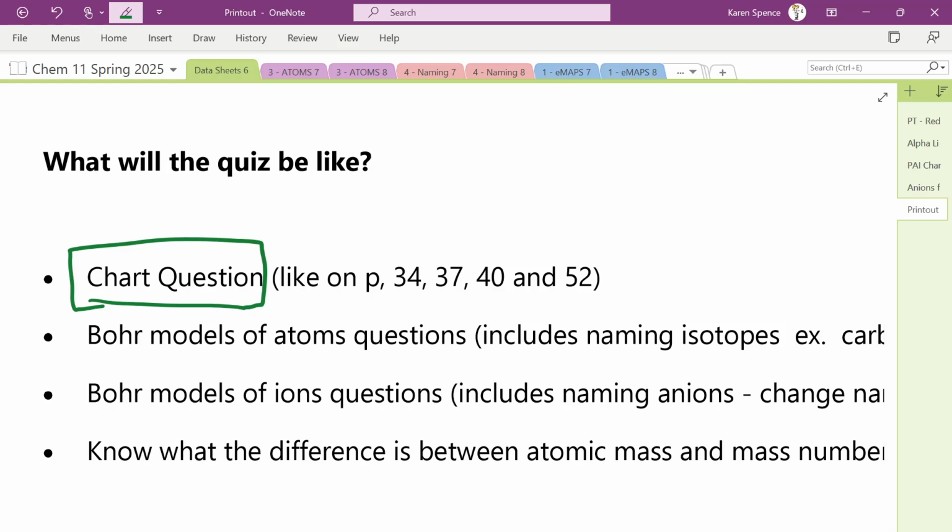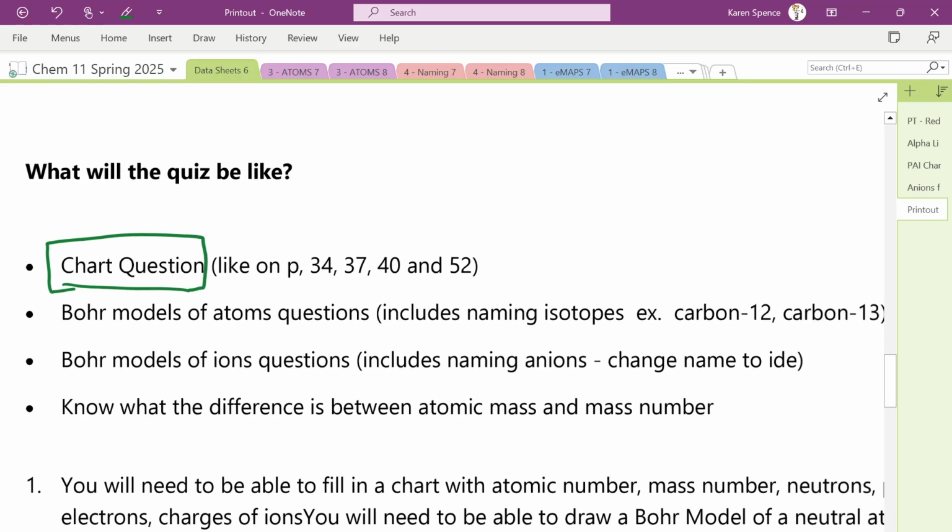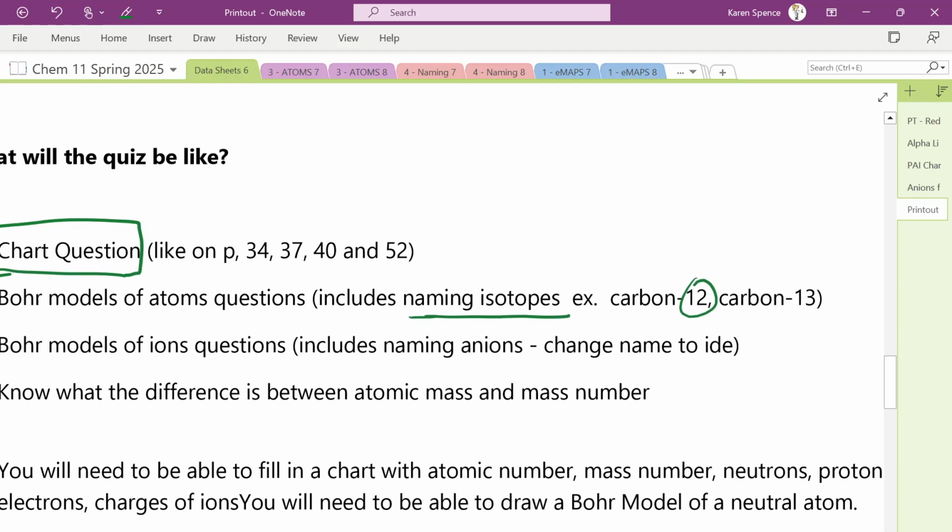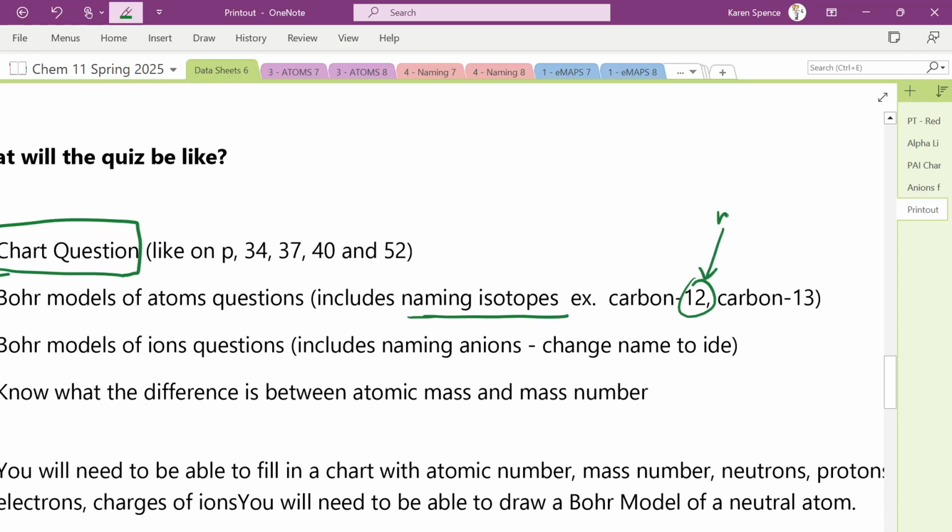Okay. There will be Bohr model atom questions asking you to draw the Bohr model and name it, including naming isotopes, which includes the mass number, which is the protons plus the neutrons.